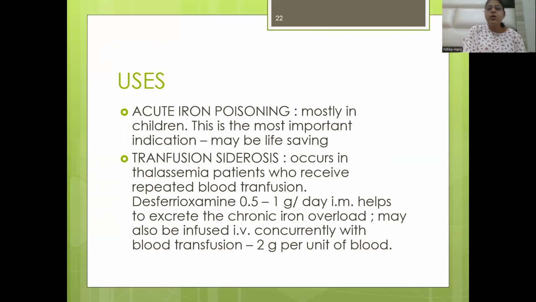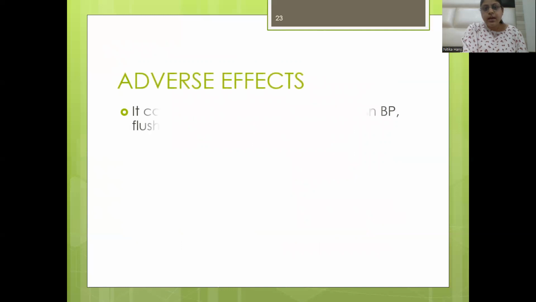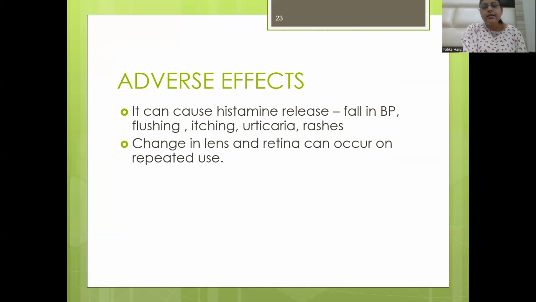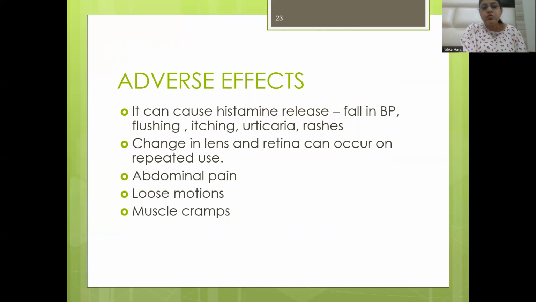It may also be infused IV concurrently with blood transfusion, 2 gram per unit of blood. Adverse effects: histamine release causing fall in BP, flushing, itching, urticaria, rashes. Changes in lens and retina can occur on repeated use. Abdominal pain, loose motions, muscle cramps, fever, dysuria.